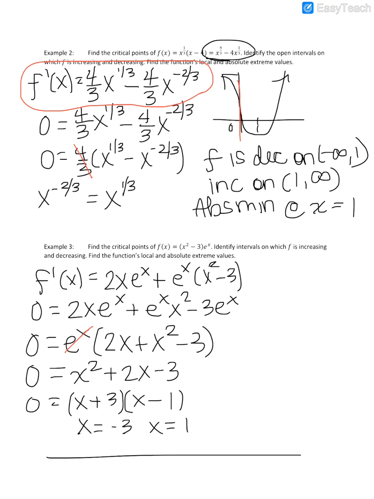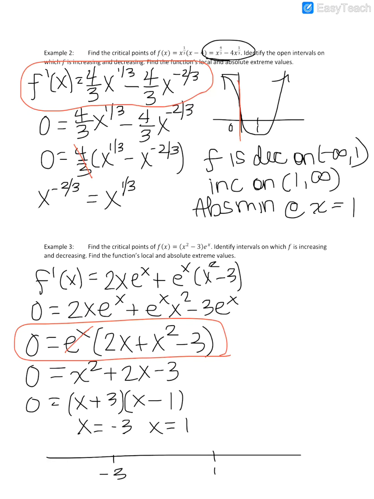So I want to make a number line with a -3 and a 1. And now I want to plug values in to the derivative. Again, great one for your calculator. I'm sorry if you didn't bring it home because it's just kind of a weird function. So I'm going to use this part right here. Pretend I didn't cross off the e to the x.